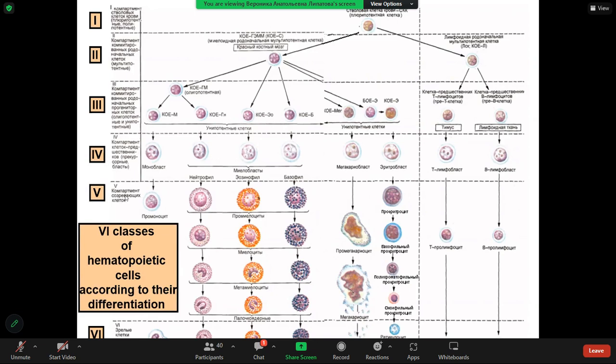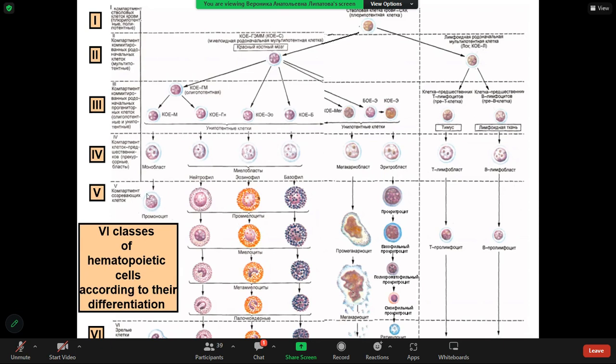And after this, differentiating or maturing cells, this is class number 5. In some of these classes, only one kind of the cell occurs, and for the others, it's more complicated.